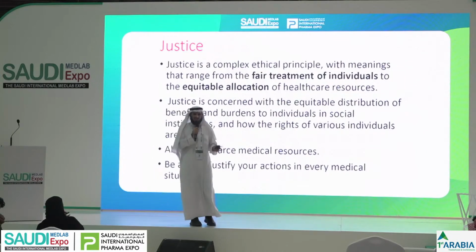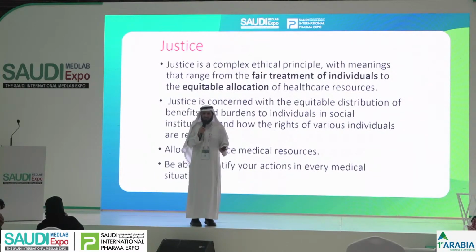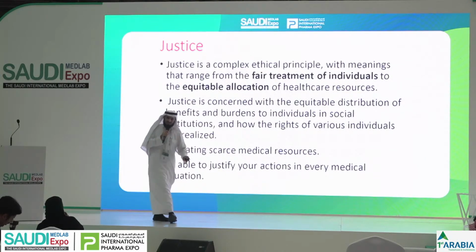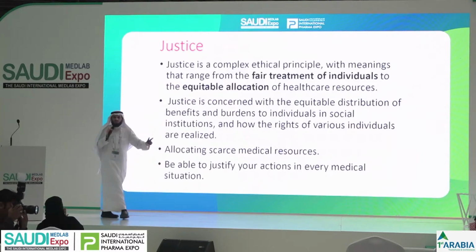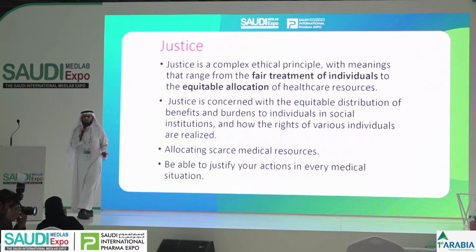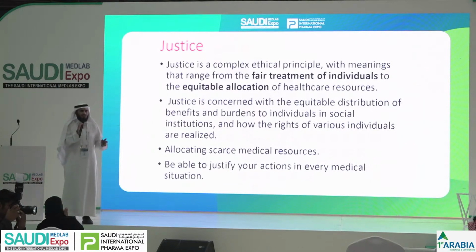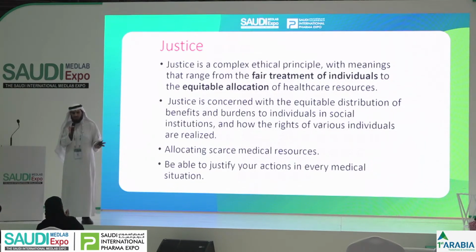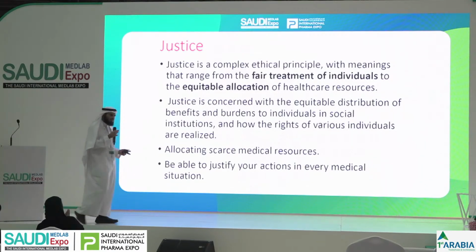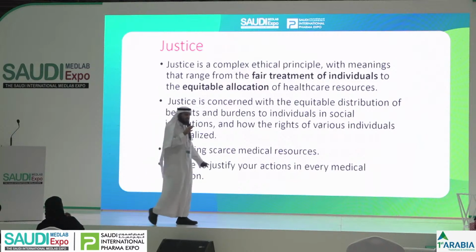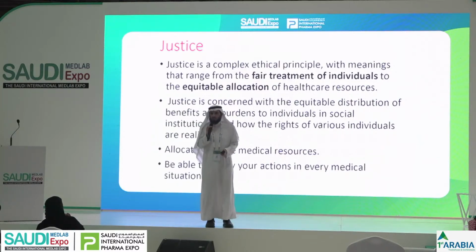Justice with the institutes, with the community, with the practice. Everything should be treated equally based on the recommendations and the standards, especially with patients. Nobody is superior to another except based on the standards. Everybody has the right to have their services provided for them.